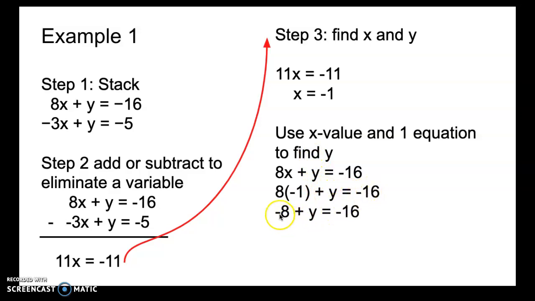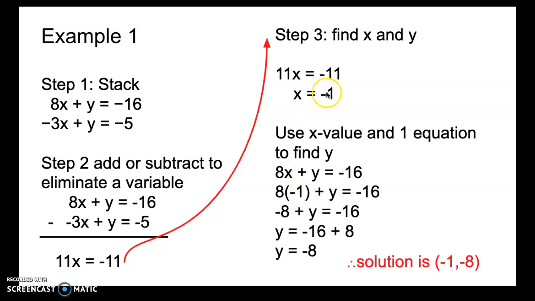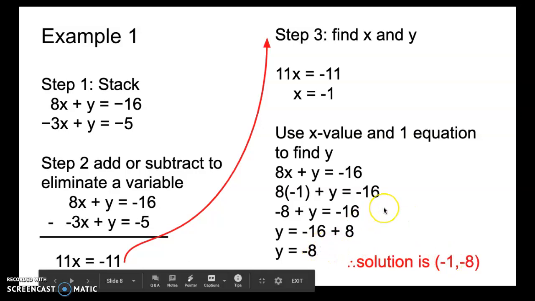That gives me negative 8 plus y equals negative 16. Now I have to get rid of this negative 8, so I add 8 to both sides, giving me y equals negative 8. So my solution is my x value, negative 1, comma, my y value, negative 8.